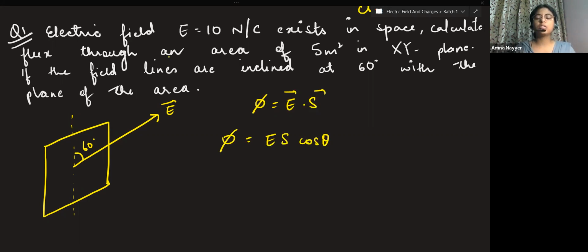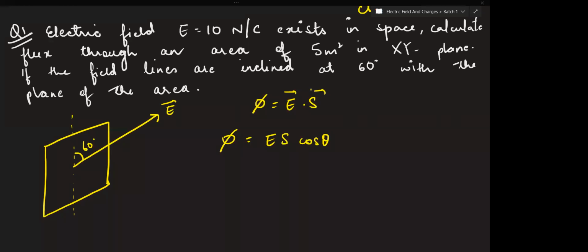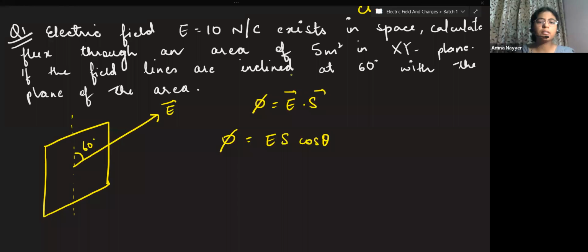Correct. So, Sarah, tell me what is E given? What should I write for E? 10. Correct. The electric field is given as 10 Newton per coulomb. Okay, Salman, is it audible to you now? Fix your network issues.